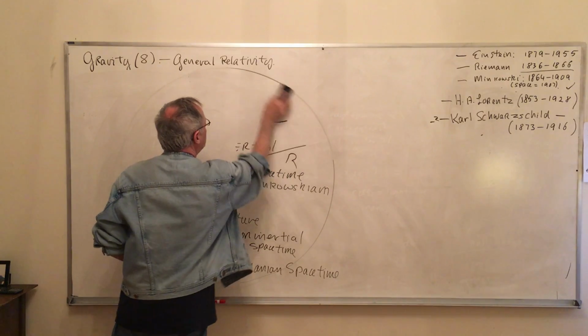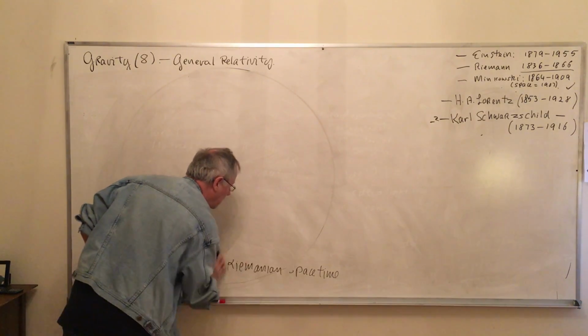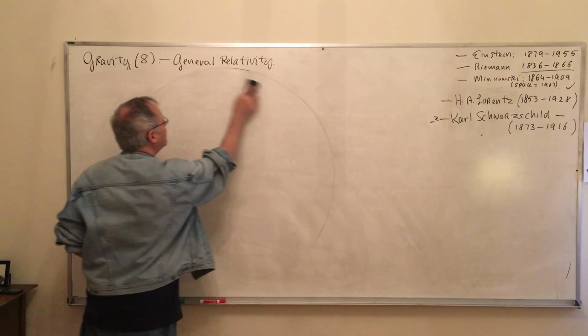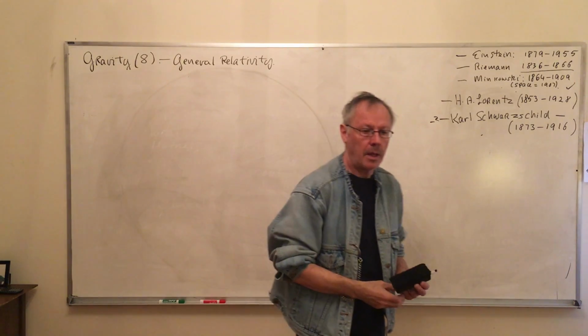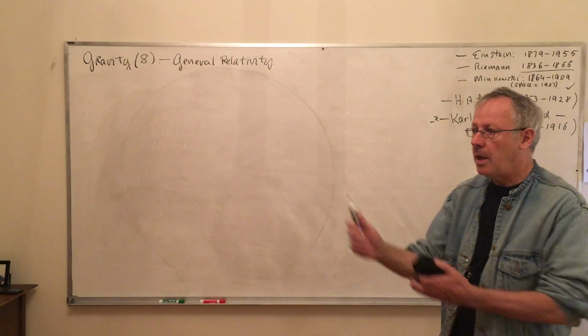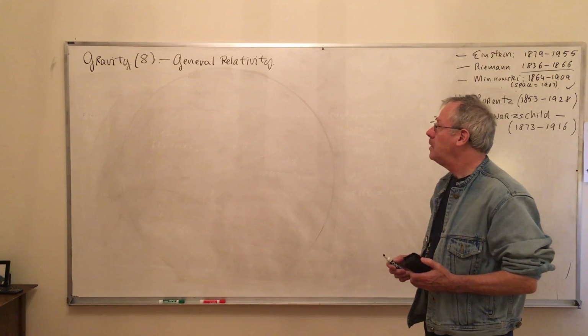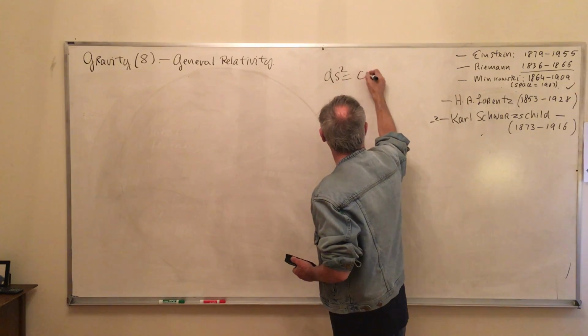So, how do we define the shape of space? We define the shape of space by saying, what does light do there? Light travels on null geodesics. Anything traveling at the speed of light, objects or photons of light, travel on null geodesics where ds squared equals 0.